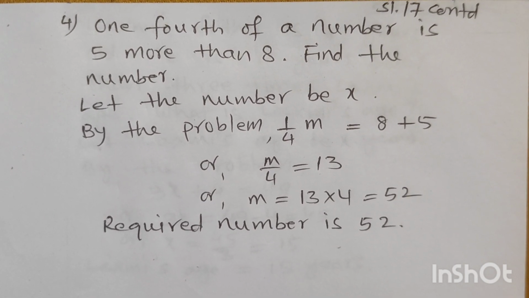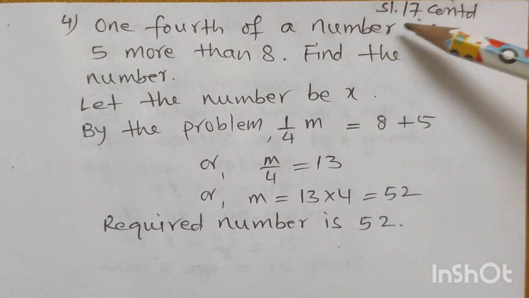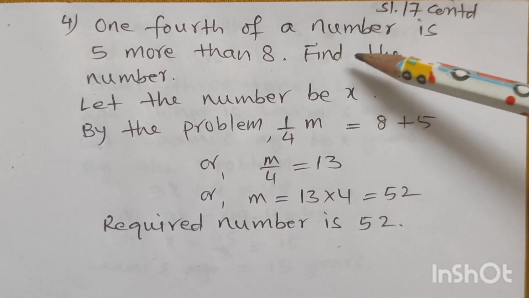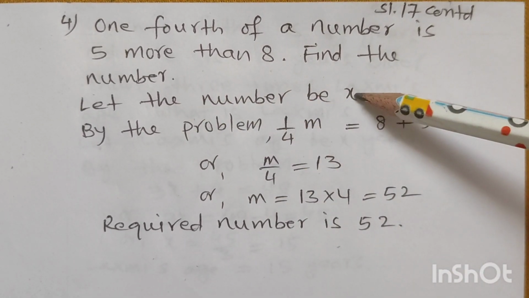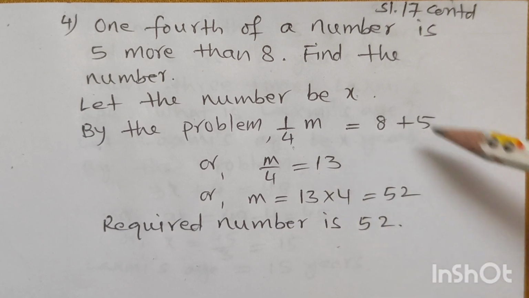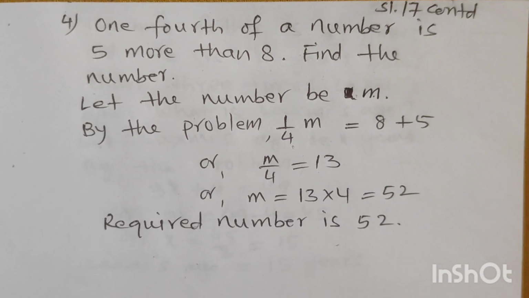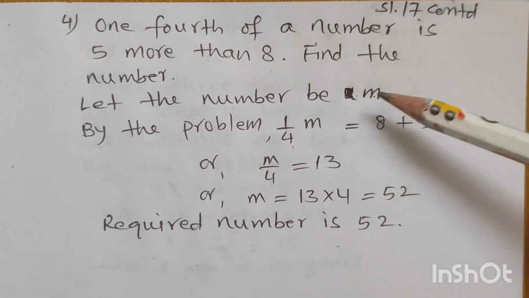In this fourth example, 1/4 of a number is 5 more than 8. Find the number. We say let the number be x. 1/4 of the number. Let the number be m.